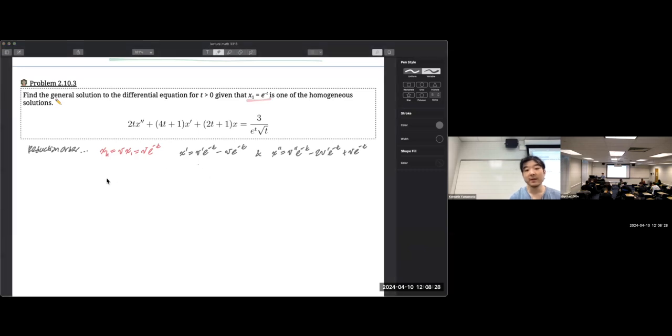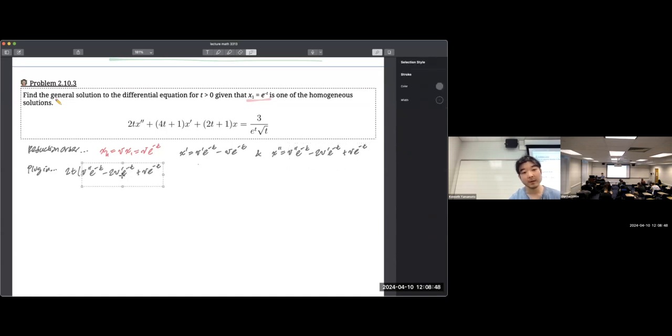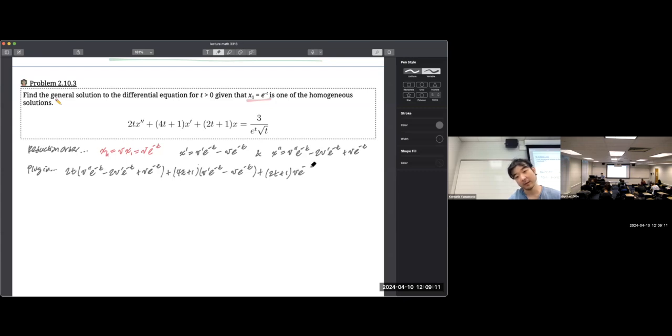So that's your second derivative, and then you're just going to plug this in. You take 2t times the second derivative, plus 4t plus 1 times the first derivative, plus 2t plus 1 times x, where x is v e to the negative t, and this is supposed to equal 0.